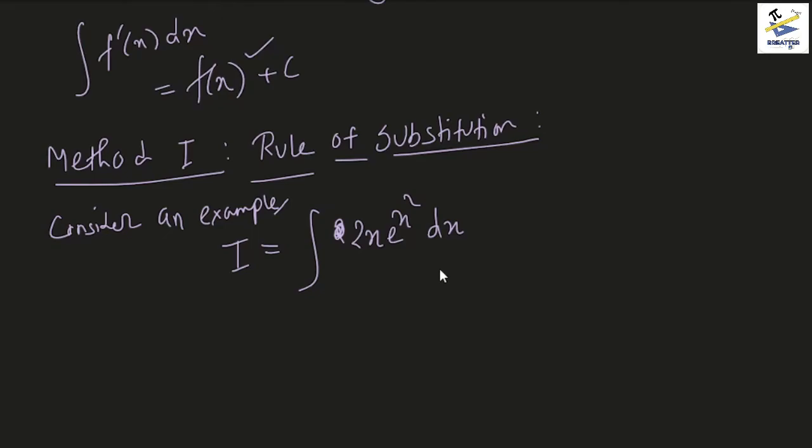Remember that e to the power x's integral is e to the power x, and in case of differentiation of e to the power x squared, you could have just used the chain rule, right? But it's not so simple here in integration, because there is no definite rule for integrating e to the power x squared dx. Neither is there one for integrating x times e to the power x squared dx, right? So we need to make our way out of it.